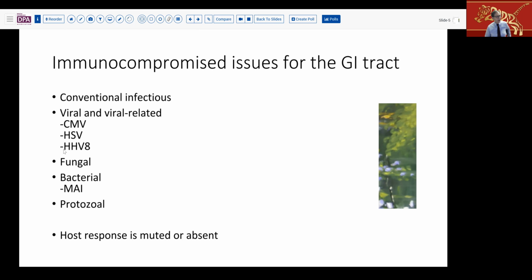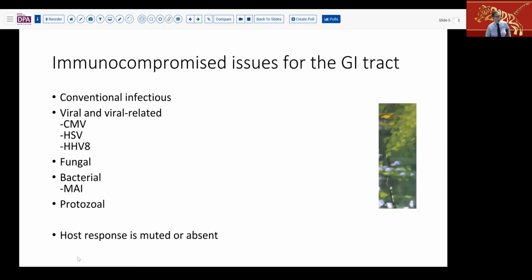Among the opportunistic infections, we certainly think most commonly we'll count it as viral infections, particularly CMV, HHV-8 in the form of Kaposi sarcoma we've detailed on earlier videos. And then there's just the usual mix of fungal, bacterial, protozoal infestations that can go along with immunocompromised status.